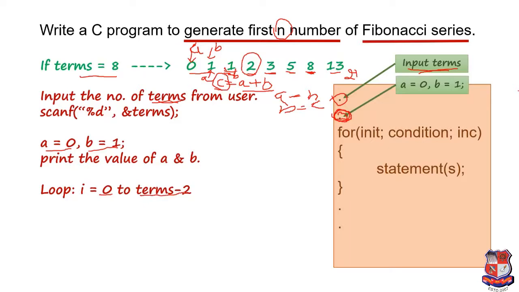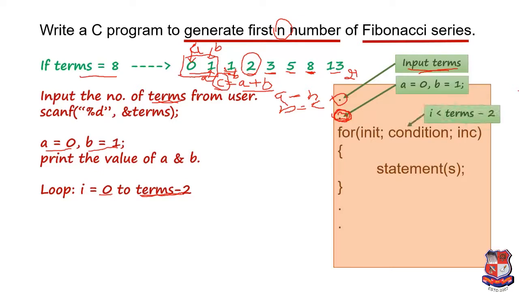Why terms minus 2? Because we already have the first two numbers, A and B. From our n numbers, two are already declared, so we just have to find the next n minus 2 numbers only. So our ending range is terms minus 2.